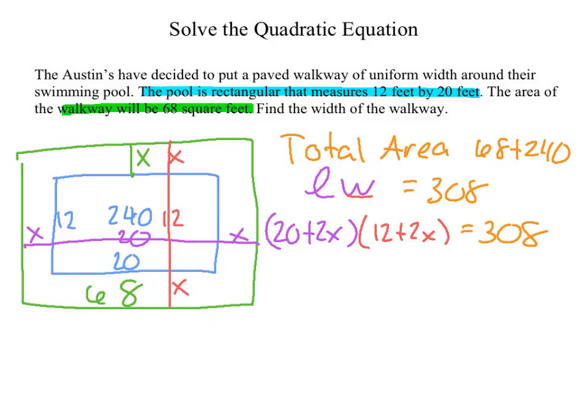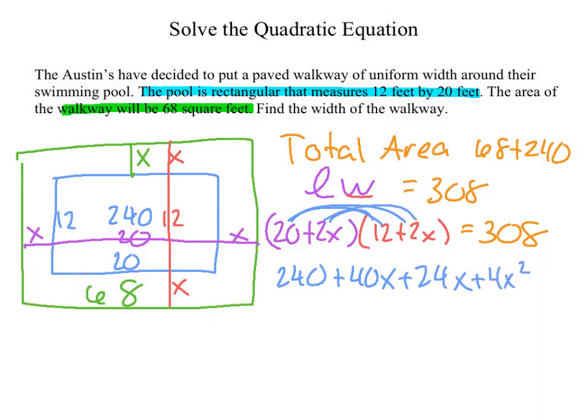Now you need to work on solving this. I'm going to go ahead and multiply everything out. 20 times 12 is 240. 20 times 2x is 40x. 2x times 12 is 24x, and 2x times 2x is 4x squared, and that all equals 308.